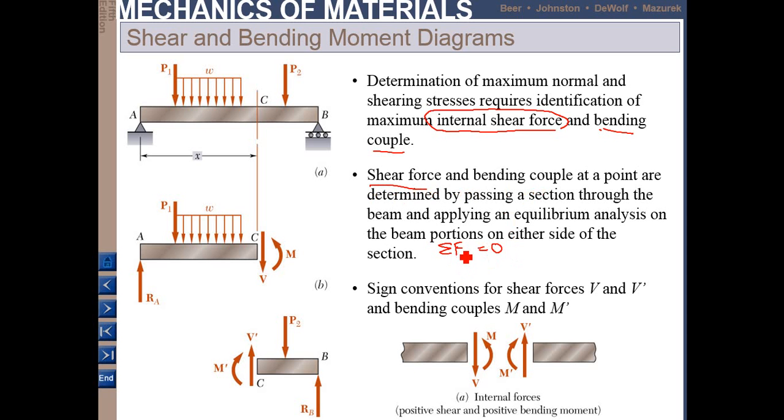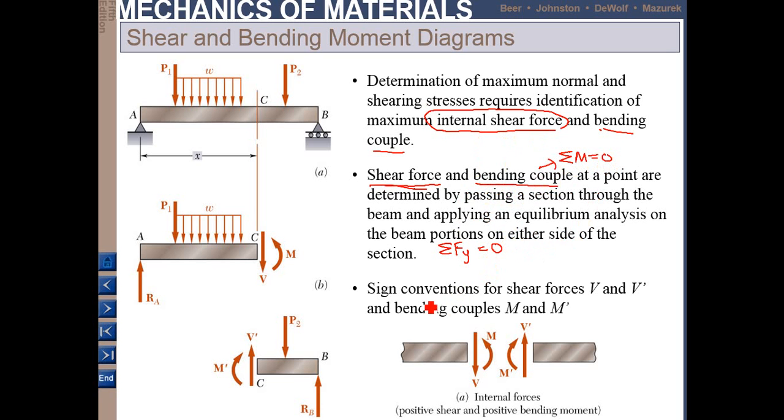So the summation of all shear forces in the x or y direction should equal 0, and also the summation of all bending moments should equal 0, so that you can determine the internal shear force and bending couple.